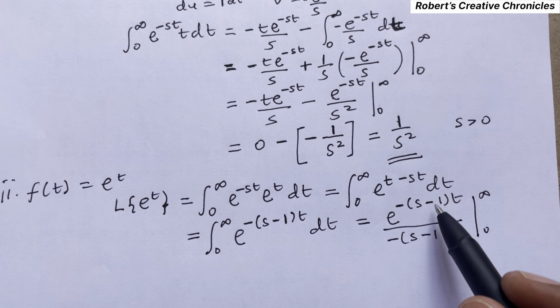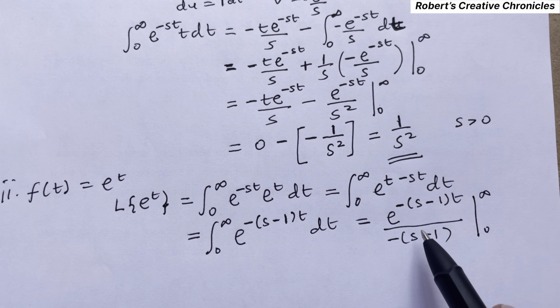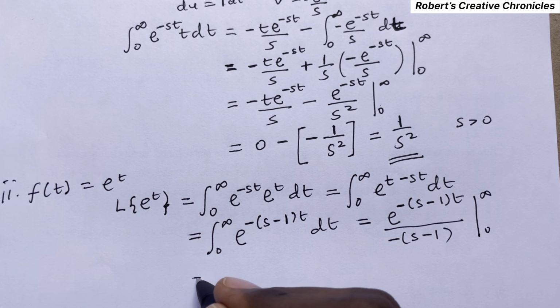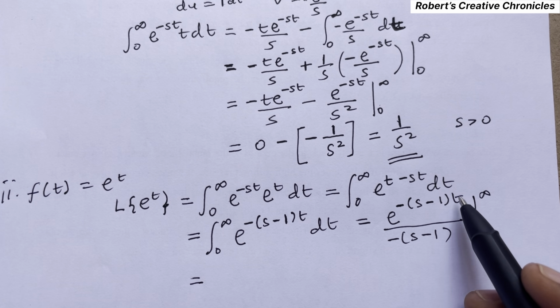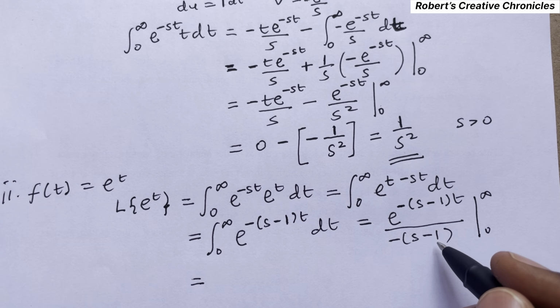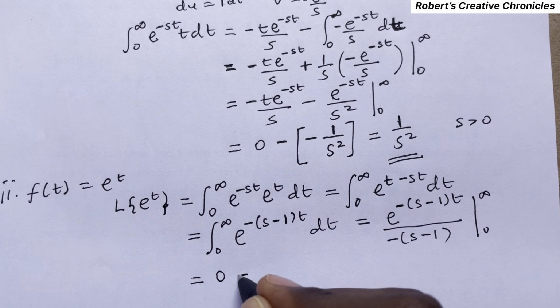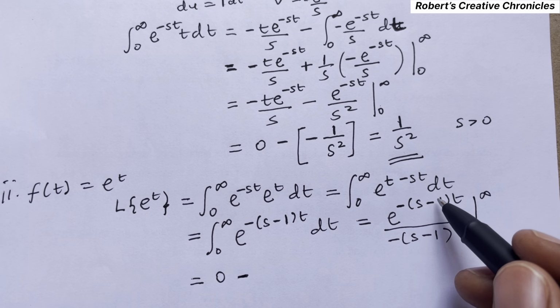So now we can substitute infinity and 0. We substitute infinity here, just like before, it will be 0, because it becomes 1 over exponential infinity, which is 1 over infinity, which is 0. Then 0 divided by this is 0. So it's 0 minus, when we substitute 0 here it becomes exponential 0, which is 1.